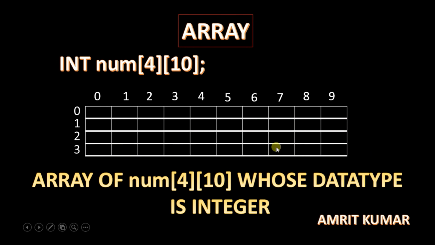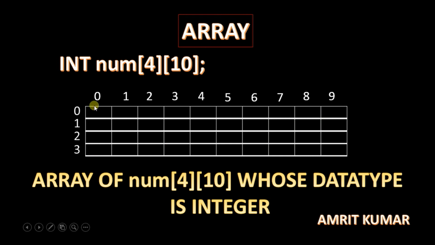Now count the columns. We have said that the horizontal line of a table is a row and the vertical line of the table is a column. So column 1, column 2, column 3, column 4, column 5, column 6, column 7, column 8, column 9 and column 10. These are the 10 columns.